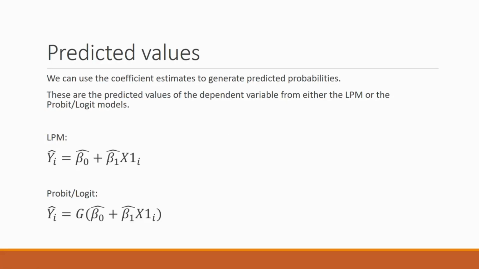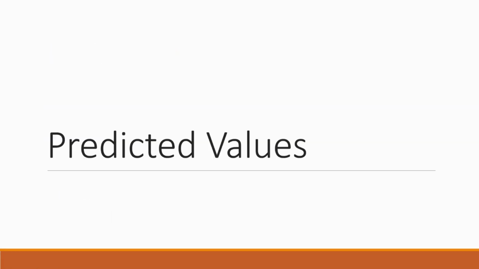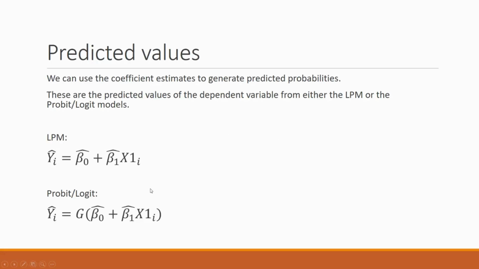Okay. Now, I want to be more clear. Before I alluded to this issue of predicted values, I want to be more clear on these predicted values and their importance. Okay, predicted values. So we can use the coefficient estimates to generate predicted probabilities. So these are the predicted values of the dependent variable from either the linear probability model or the probit or logit model.